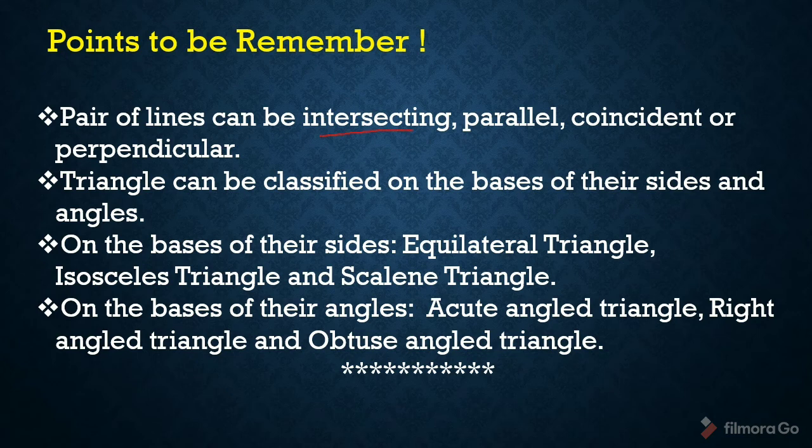Again, on the basis of their sides, triangles are equilateral, isosceles or scalene. On the basis of their angles, triangles are acute angled, right angled and obtuse angle triangle.